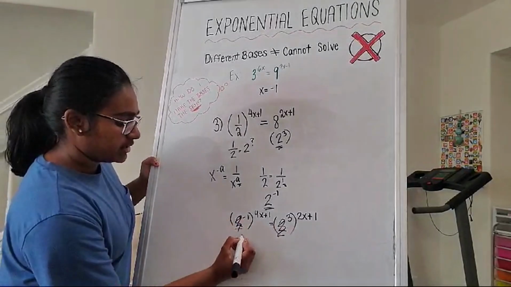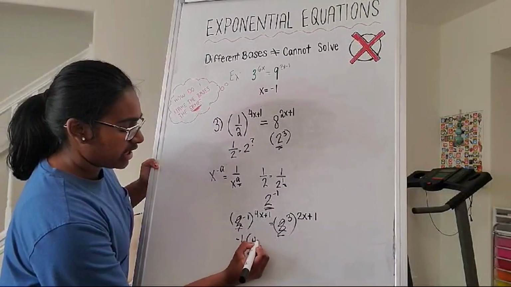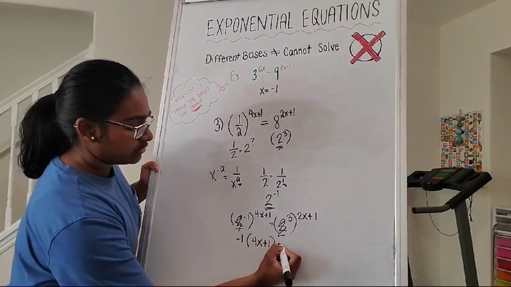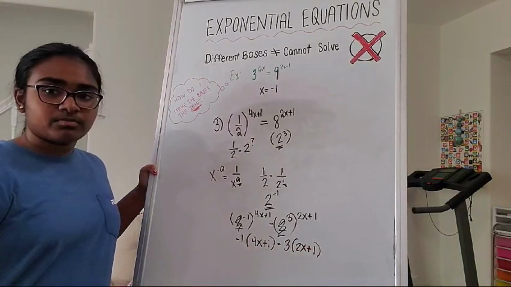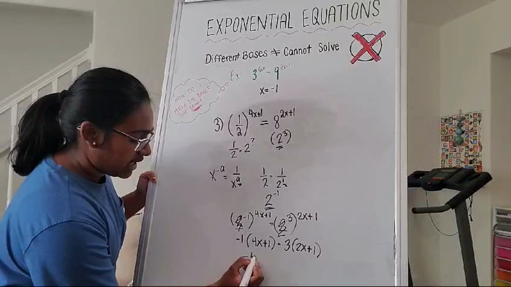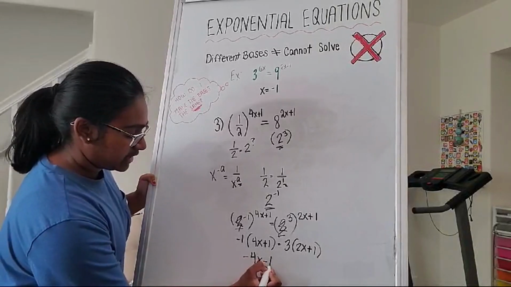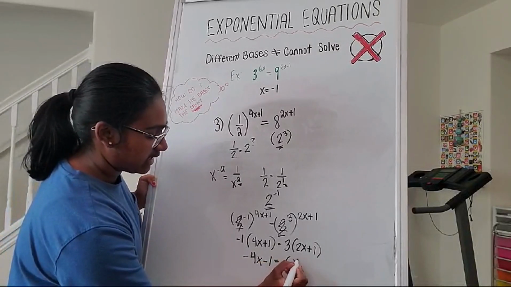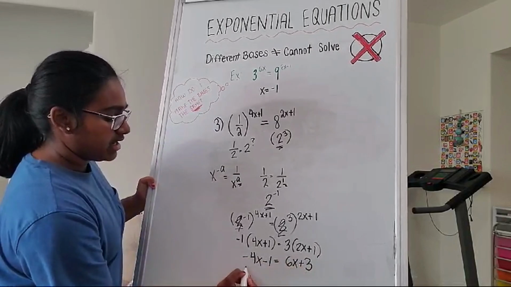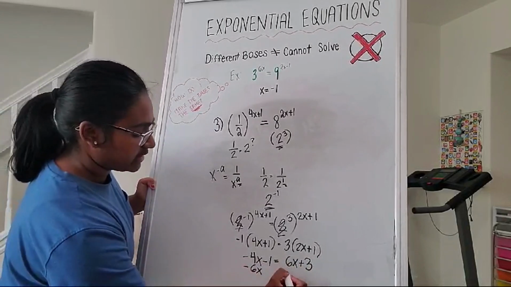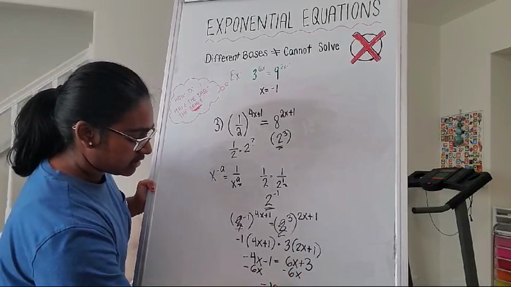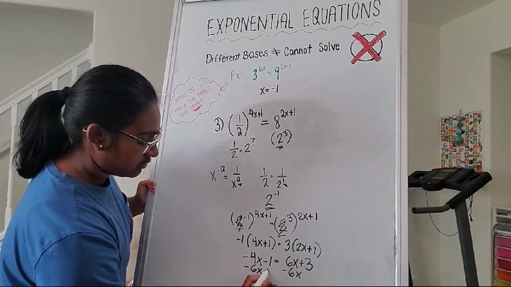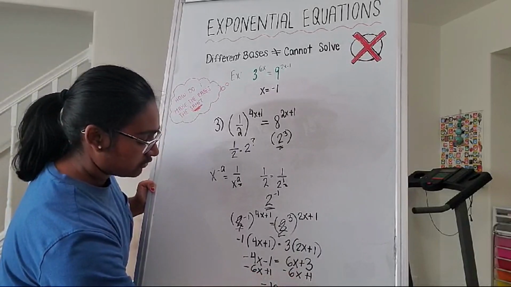And now we're stuck with negative 1 times 4x plus 1 equals 3 times 2x plus 1. So now we can solve this using basic algebra. So negative 4x minus 1 equals 6x plus 3. And now we can subtract 6x on both sides.